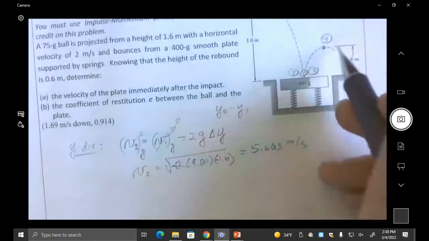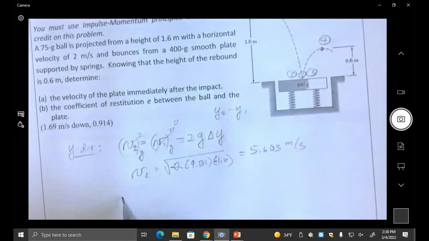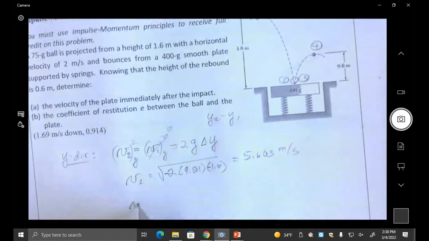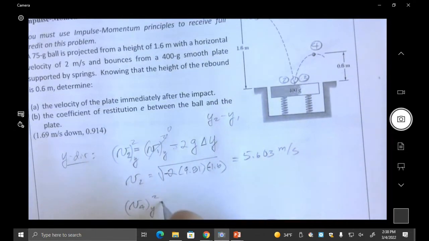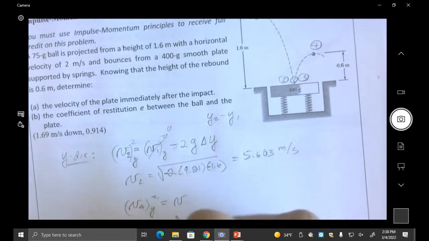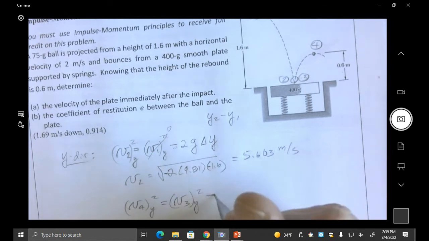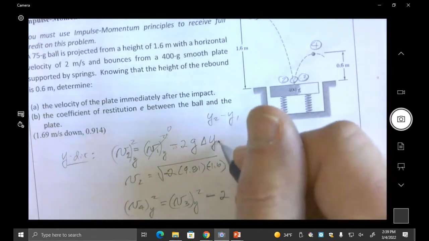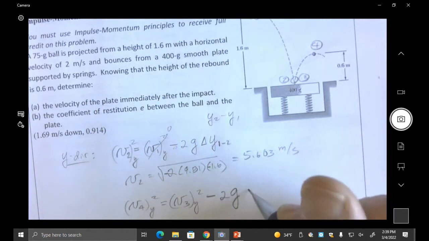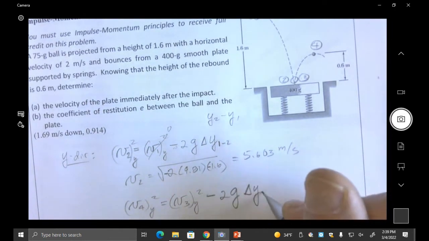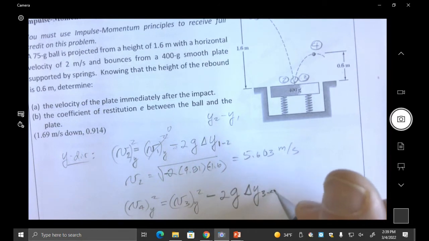Okay, and then we could also do the same thing for V3. So the velocity of state 4 in the y direction squared is going to be equal to the velocity of 3 in the y direction squared minus 2, and I should have said that this was states 1 to 2, g delta y, and then we go 3 to 4.